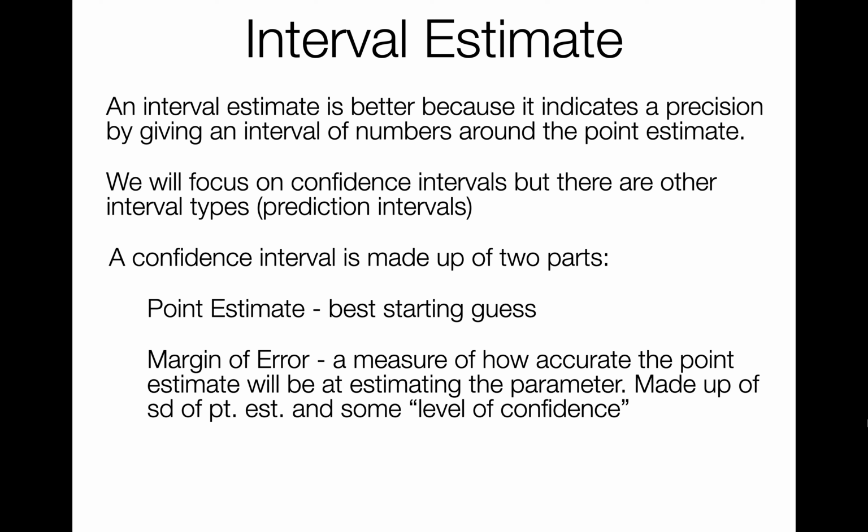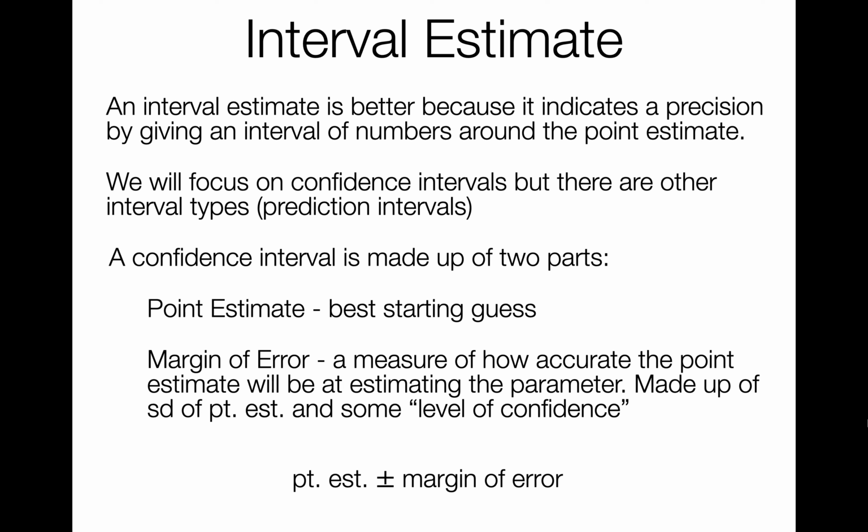We start with a point estimate, a single number, and then we stretch that out into an interval of numbers, and how much we stretch it out is the margin of error. So we start to have this general form of a confidence interval. How we're going to represent a confidence interval is by the endpoints.